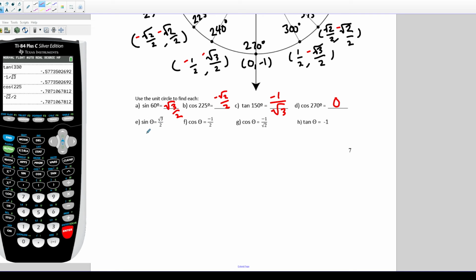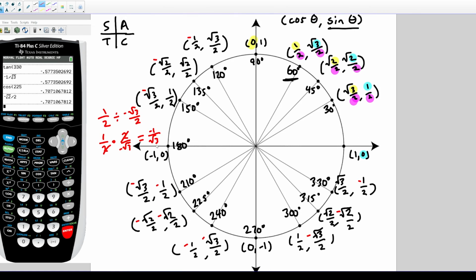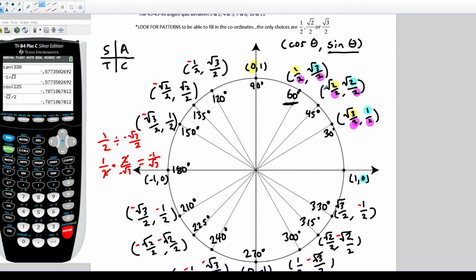Since we know that sine is positive in quadrants 1 and 2, we're looking at two places where we have that ratio of root 3 over 2. Let me go ahead and highlight this. Sine is root 3 over 2 right here at 120, and it's also root 3 over 2 at 60 degrees.